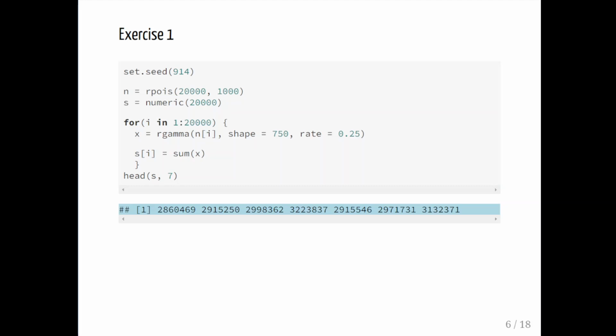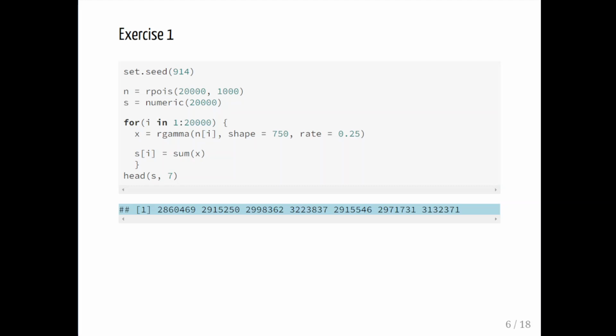Shape is the gamma distribution parameter, as is rate: shape equals 750 and rate equals 0.25. This simulates a certain number of claim amounts and saves them as x, so the length of x depends on the corresponding value of n. We sum them up, the sum of x, and assign it to s[i], the ith value of S.